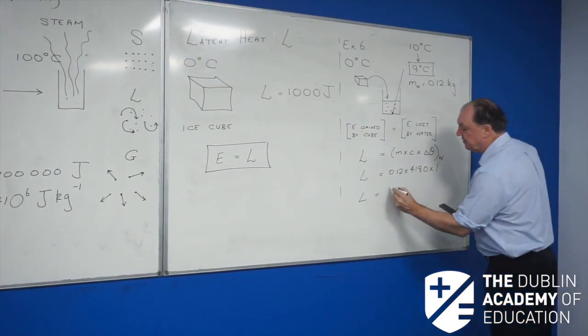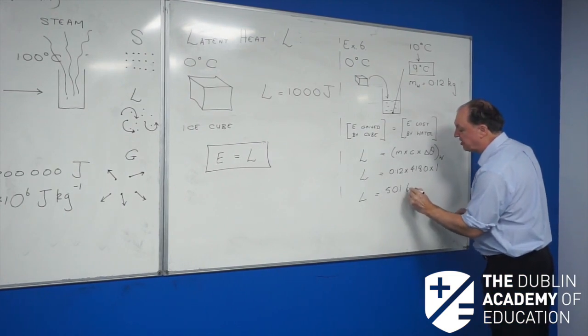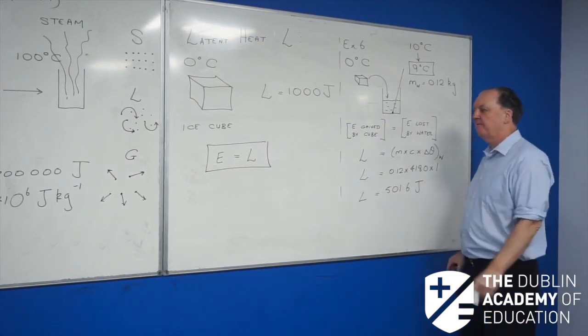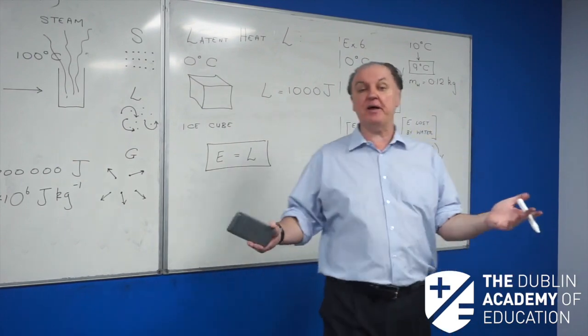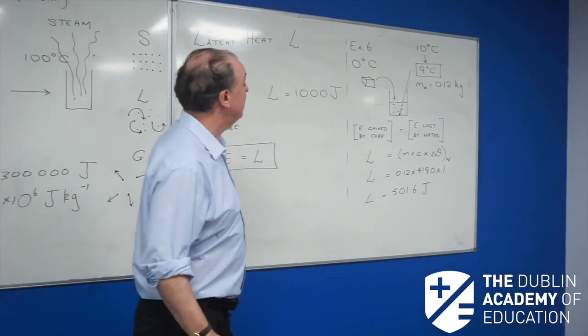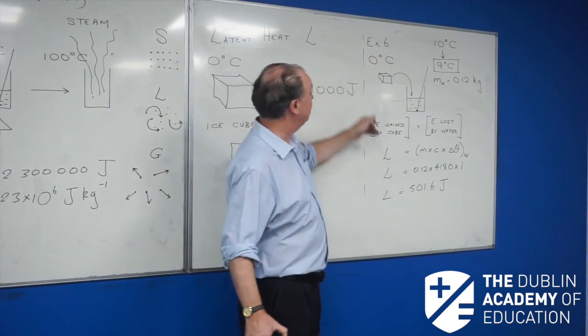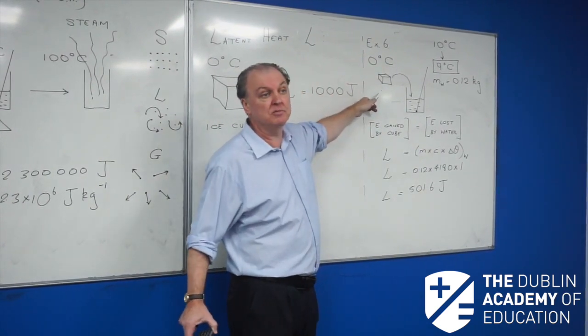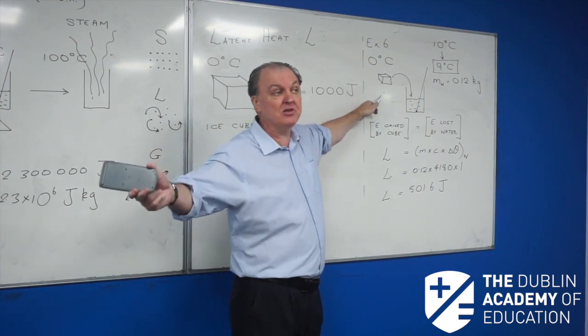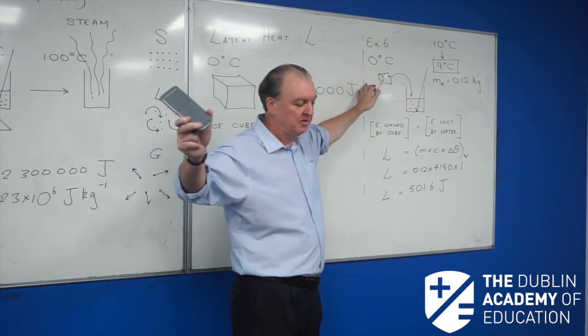And I get 501.6 joules. That's the latent heat of that ice cube. What's it telling me? It's telling me that I need 501.6 joules to melt those ice cubes. So they never mention the mass, it's just the ice cube in question.